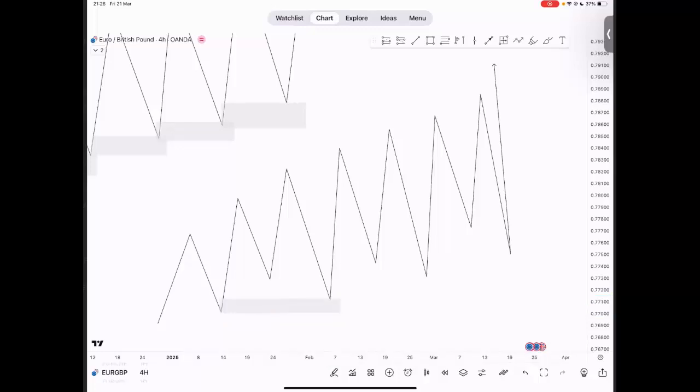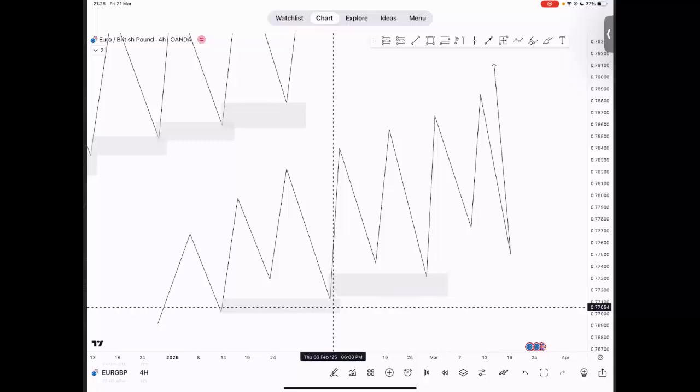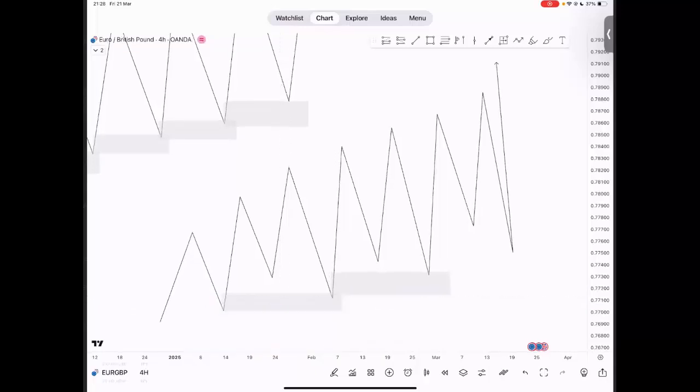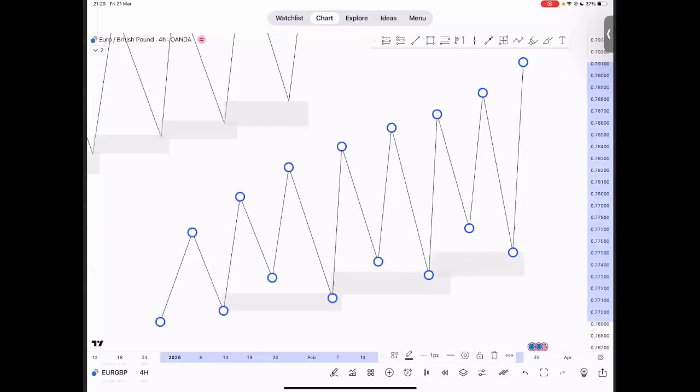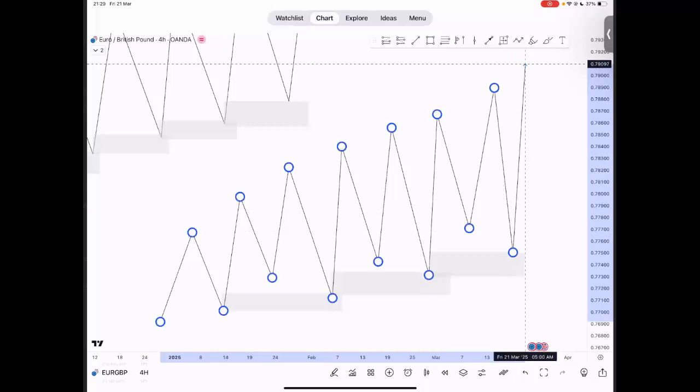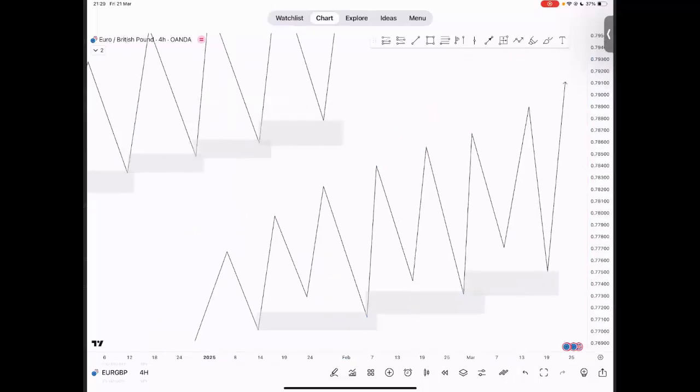So you can see that as much as these two setups are similar, they are different.